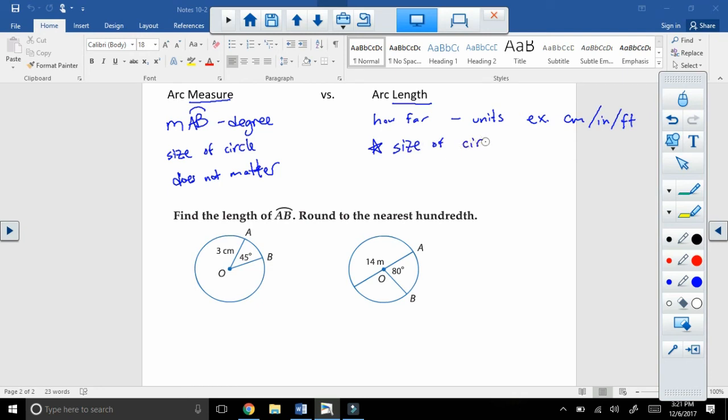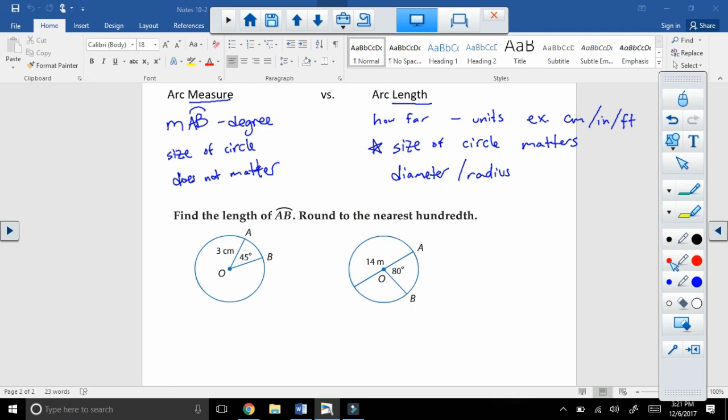Size of the circle matters for arc length. If you have the diameter or the radius, if they give you one, you can always come up with the other. You have to know one of those two for arc length.